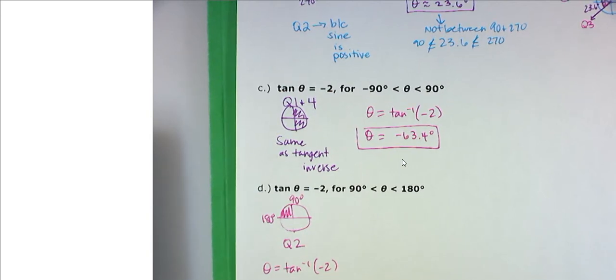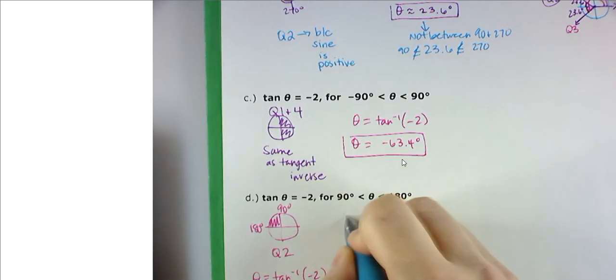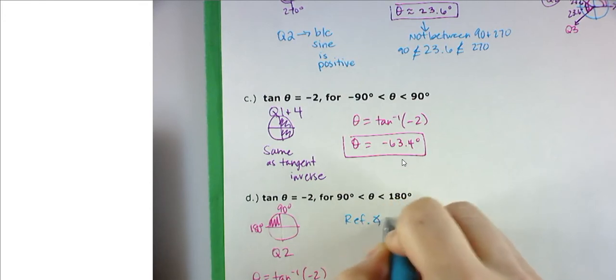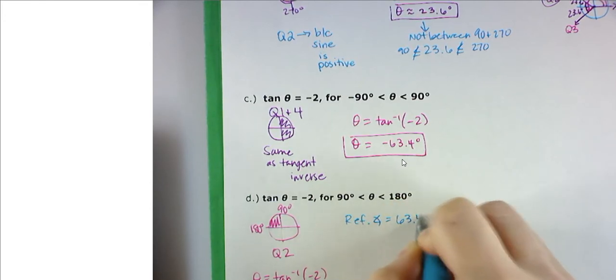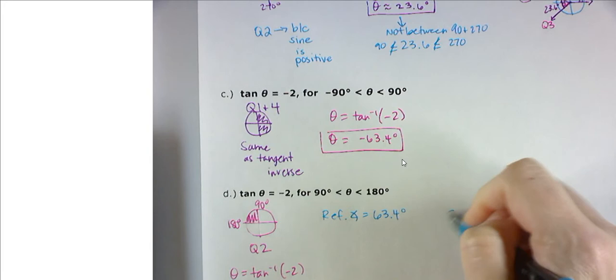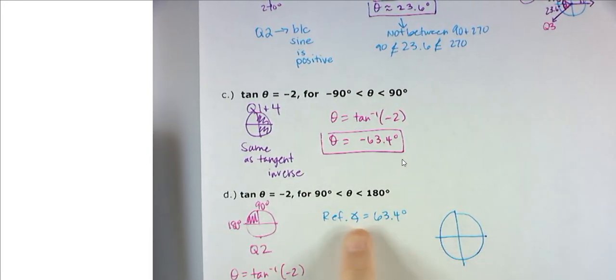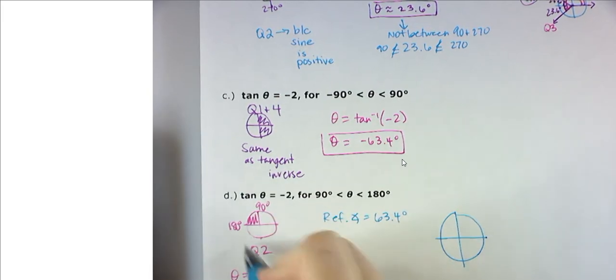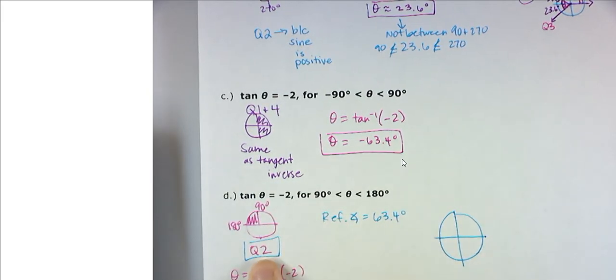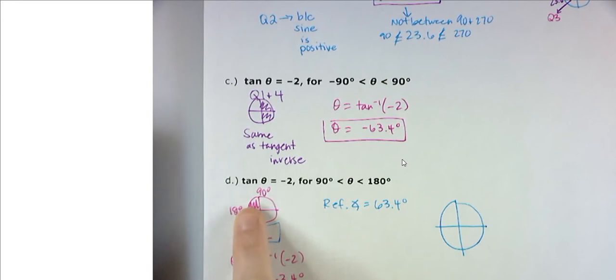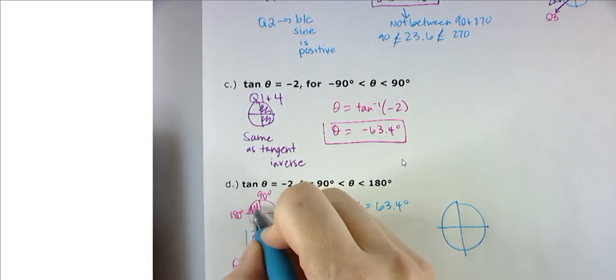Okay, so the reference angle is always positive. So now I'm just going to draw a visual representation here. So what I'm doing is drawing the reference angle in quadrant 2, since that's where our restriction is. And it is matching up with all students take classes because sine is positive here, which means the tangent is negative. So if the reference angle is 63.4 degrees, I'm going to draw it about right here.